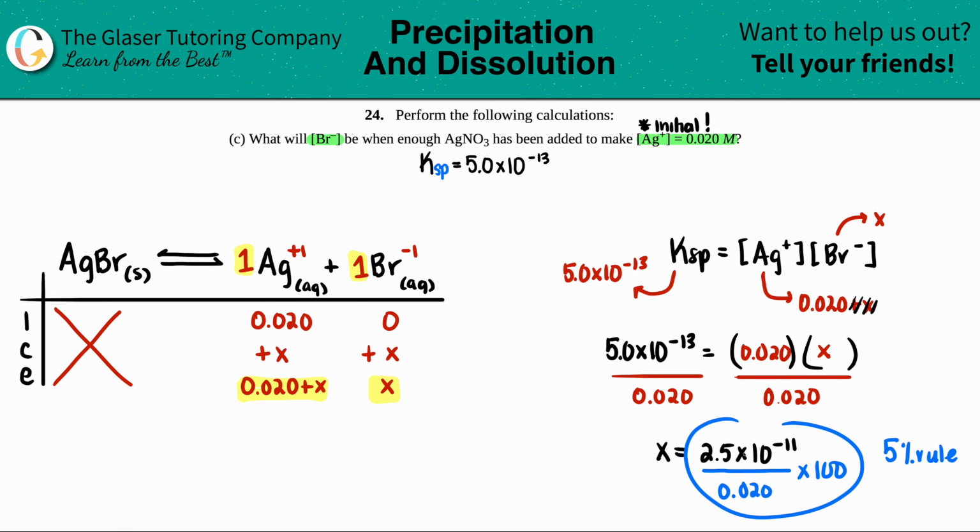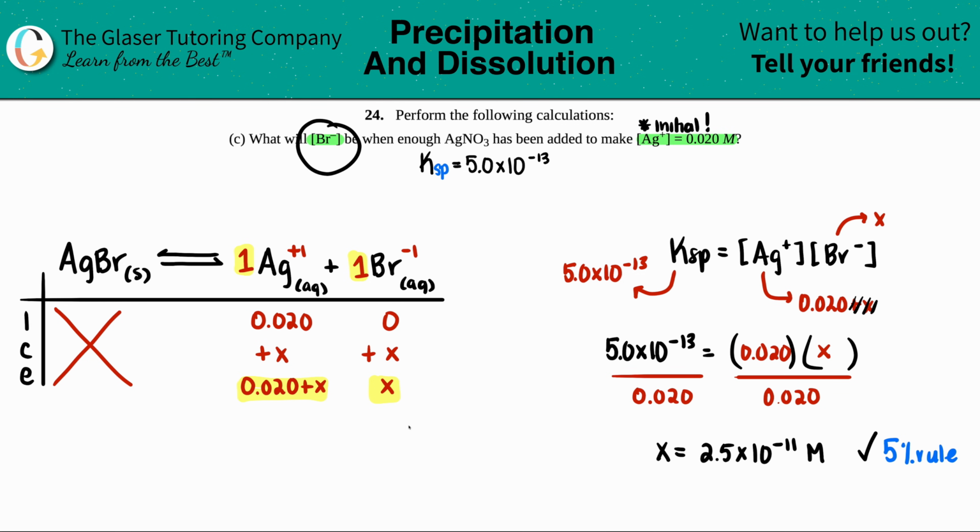If this is 5 or less, we approximated correctly, and we can take that x value as true. So I'm just going to take that divided by 0.02 times 100. Yeah, it's 1 times 10 to the negative 7th percent. So we're good. And this would be molarity, because we're solving for those concentrations.